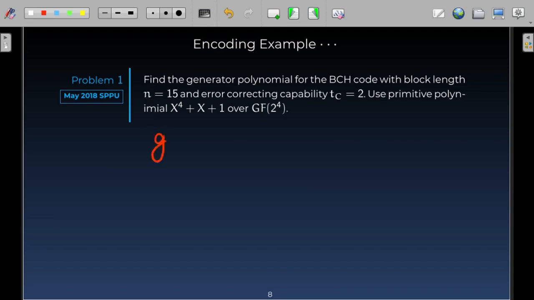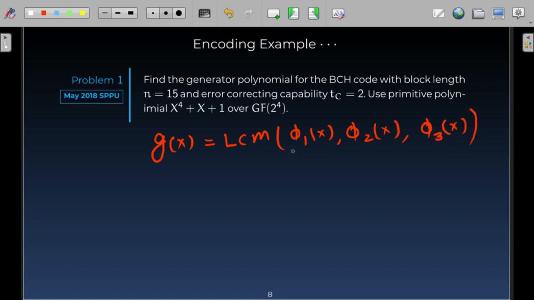If we have g(x) as the generator polynomial of the BCH code, then since tc is equal to 2, it will be equal to the LCM of phi 1 of x, phi 2 of x, all the way up to phi of 2t minus 1, meaning phi 3 of x.